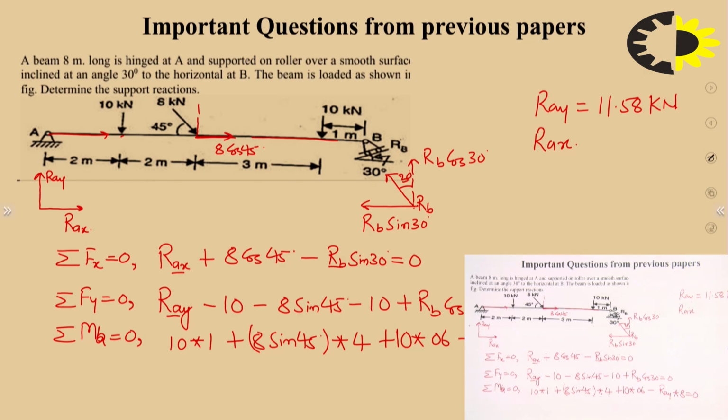RAX, how much is it? It is 2.47 kilonewton, and RB equals 16.255 kilonewton. So these are the final answers for the question.